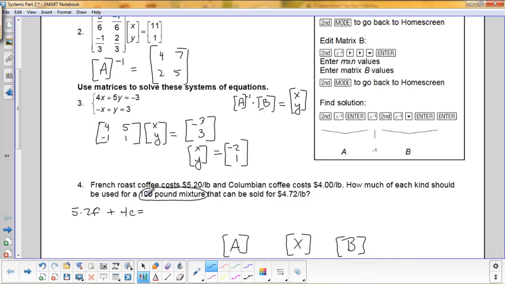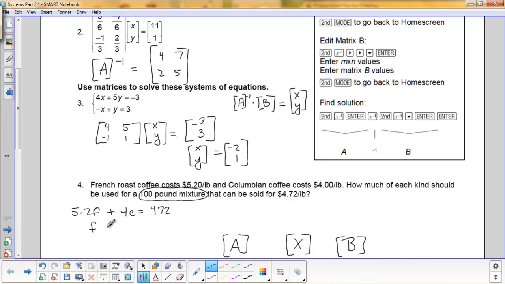But in this particular problem, I'm not buying 1 pound, I'm buying 100 pounds. So if I buy 100 pounds, I'm going to multiply $4.72 times 100, giving me a total of 472. Now if you don't do this, it'll throw your numbers off, and that's why people get confused when they look at this problem. Just remember, you're not buying 1 pound, you're buying 100.